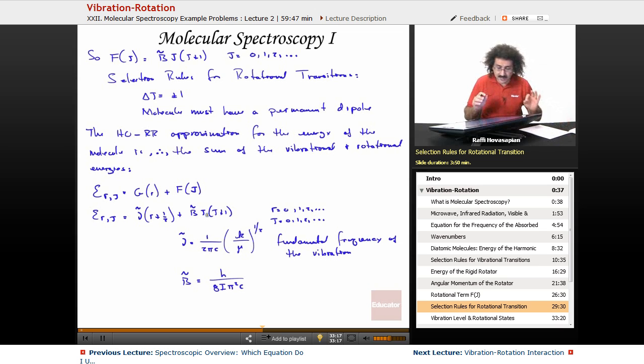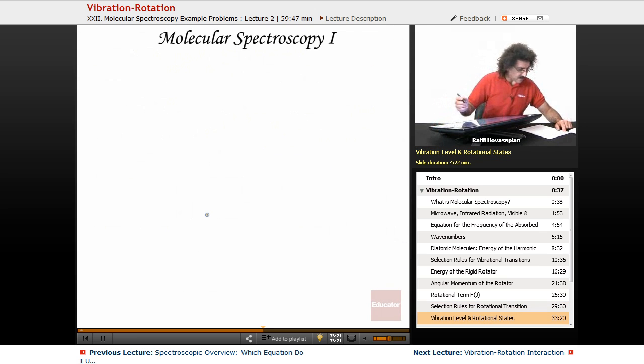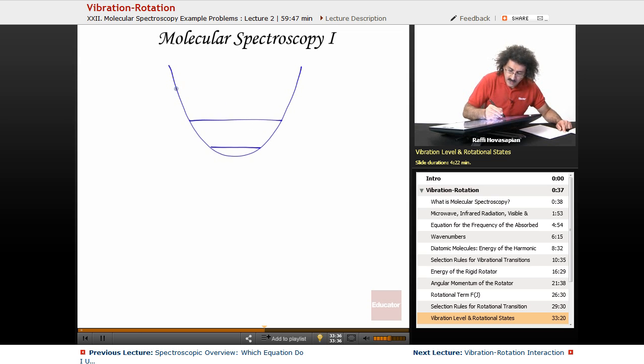So the energy level diagram looks like this. I'm going to draw this one out by hand, actually. So what we have is, right, harmonic oscillator, R equals 0, R equals 1, R equals 2. Remember, the spacing between the energy levels is the same for the harmonic oscillator. R equals 3.